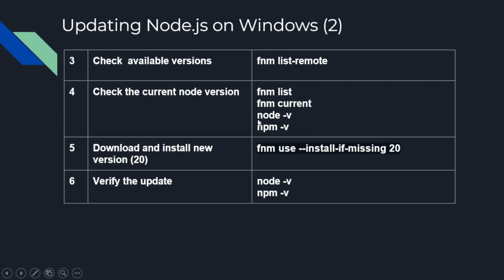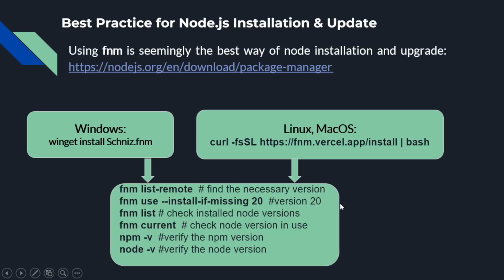Then you check node version and npm version, and then perform this command to download and install the new version that you need, like this: fnm use --install-if-missing 20, because it's the latest LTS for now. And after that, you just verify the update with the node -v and npm -v flags.